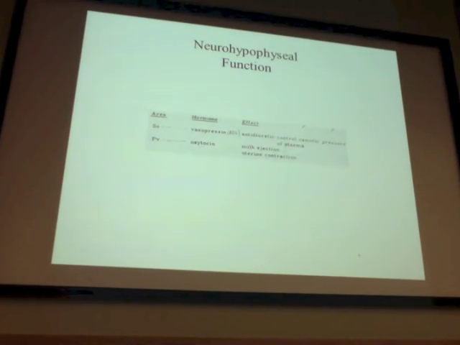Okay, the neurohypophyseal function is divided really into two parts. One is the part which comes from the supraoptic nucleus, which secretes vasopressin, ADH, antidiuretic hormone, which targets the distal convoluted tubule in the kidney and facilitates reabsorption of water in the kidney. The paraventricular nucleus secretes oxytocin. So oxytocin is actually the releasing factor that releases milk from the ducts in the breast.